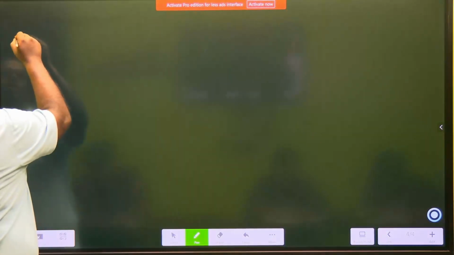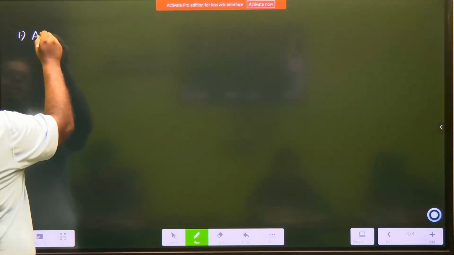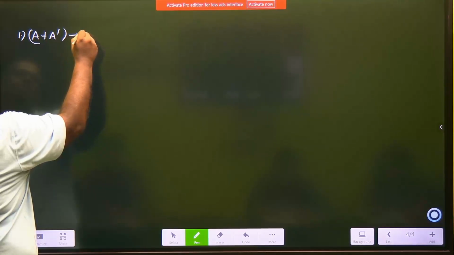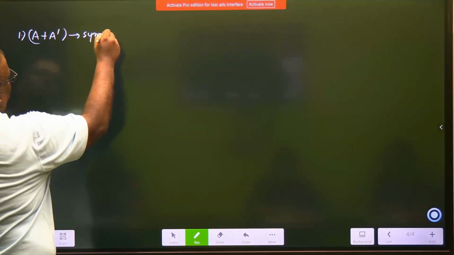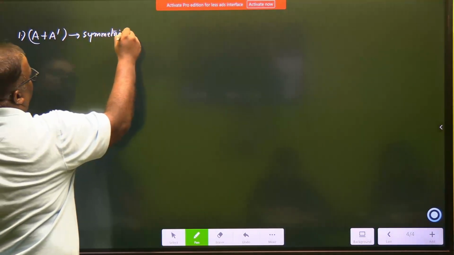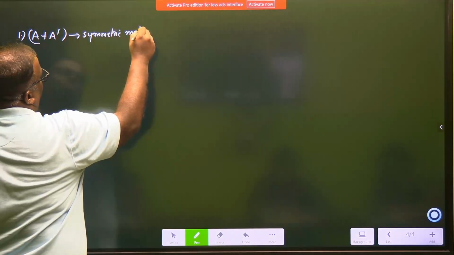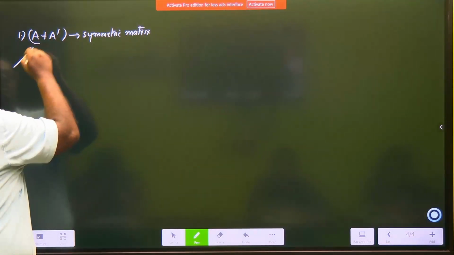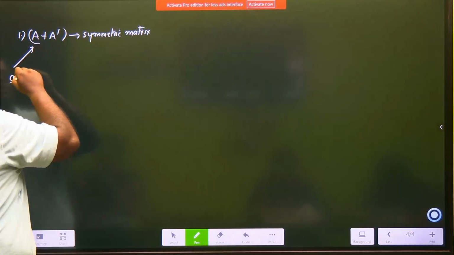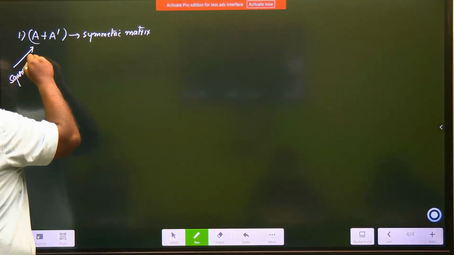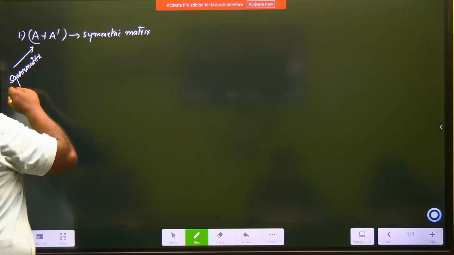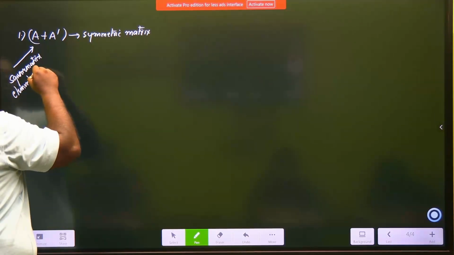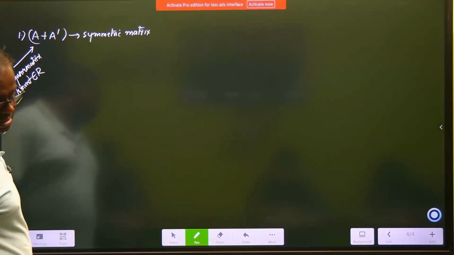So the first one we are trying to say A plus A prime will yield me a symmetric matrix, and A is a square matrix, and every element belongs to the set of real numbers R. Fine.